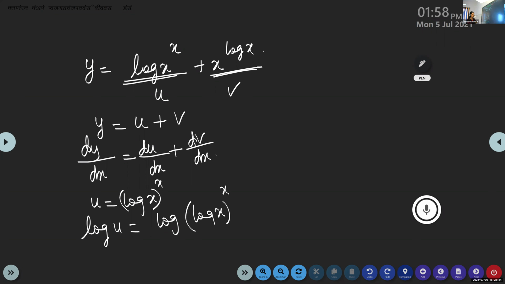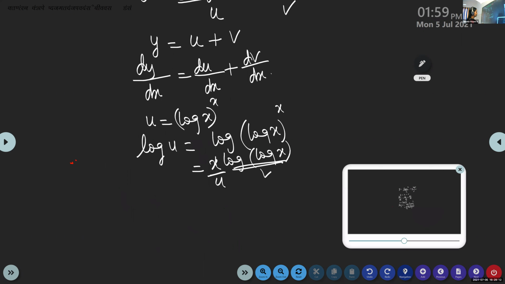Now the power x will move to the front, so we get x into log of log x. Here x is one function, and log of log x is the other function. We have a product of two functions.